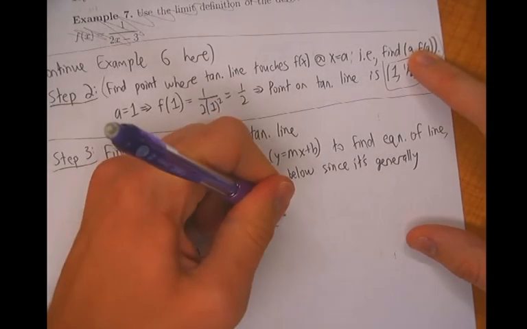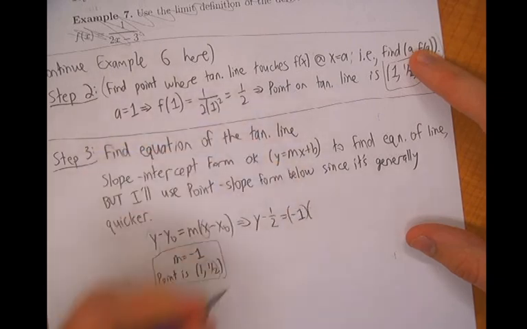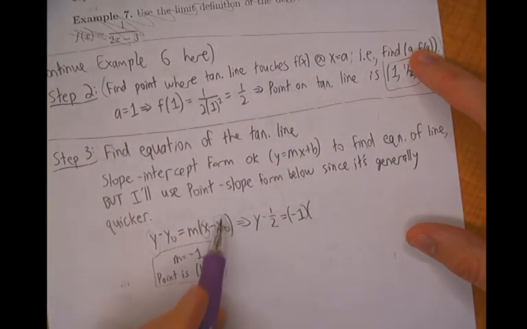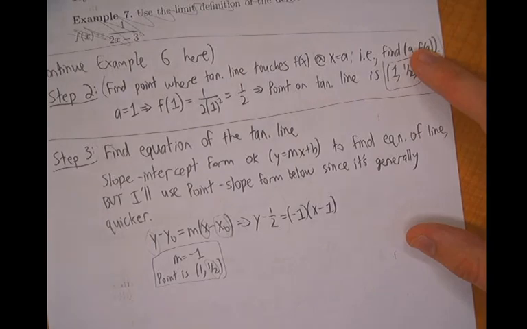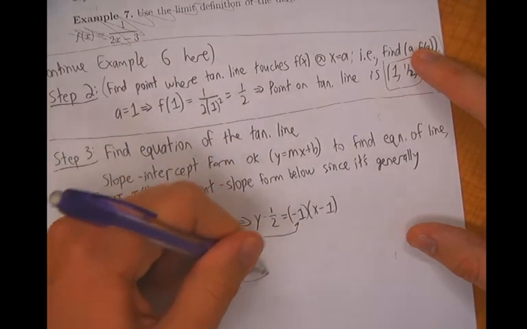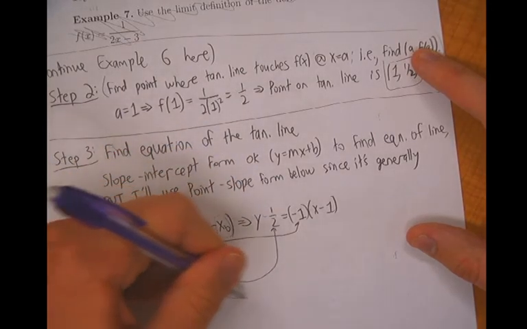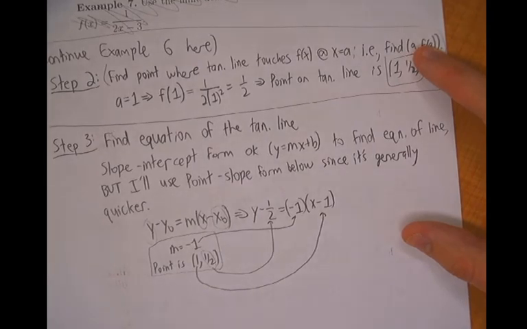And then this equals, well, the slope of -1 times x minus x naught, the corresponding x coordinate of our given point. So we have x minus 1. Okay? So just so you know where everything is getting placed here.